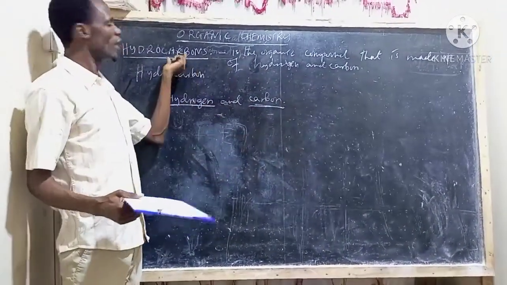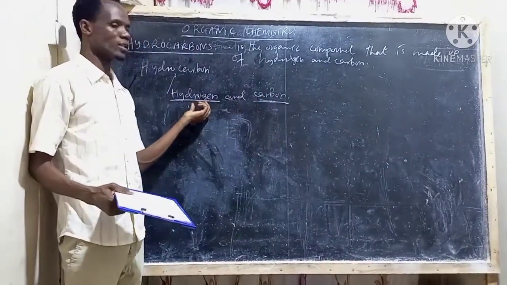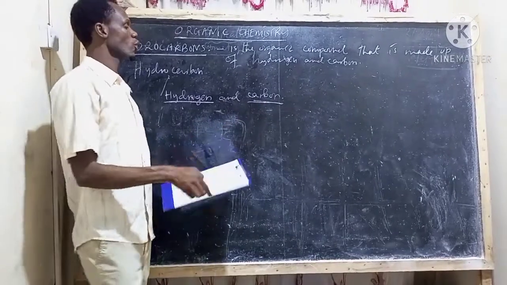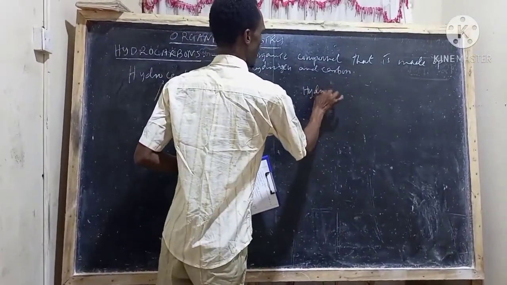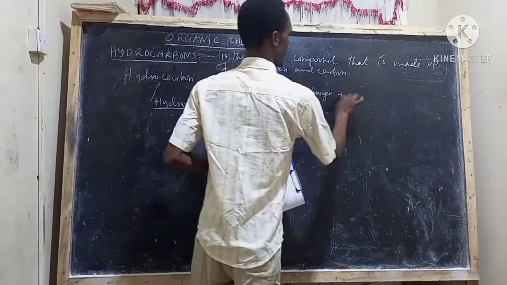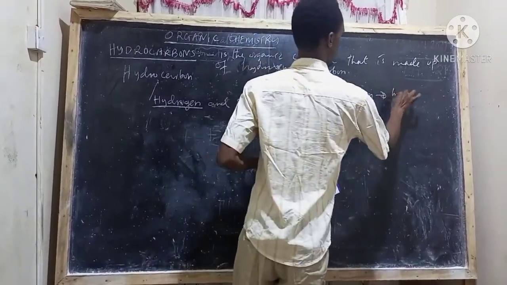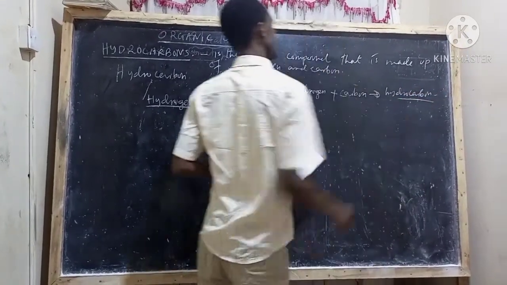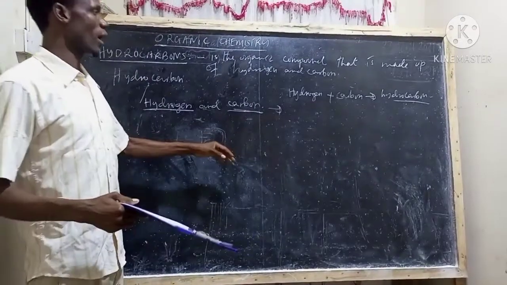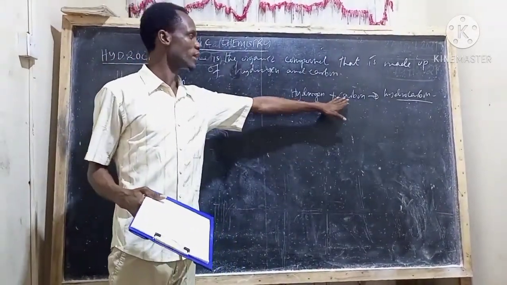When you're talking about hydrocarbon, you mean carbon and hydrogen together. Hydrogen plus carbon is equal to hydrocarbon. Hydrocarbon is not a difficult word, because it is a combination of hydrogen and carbon.